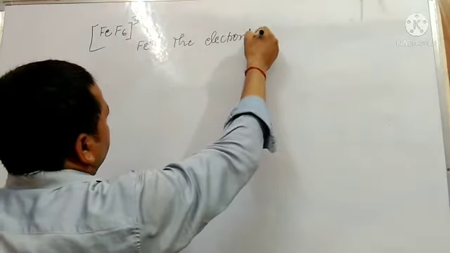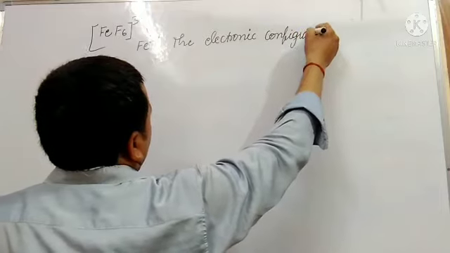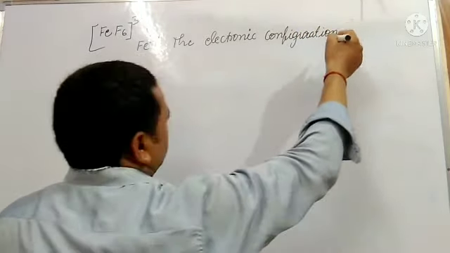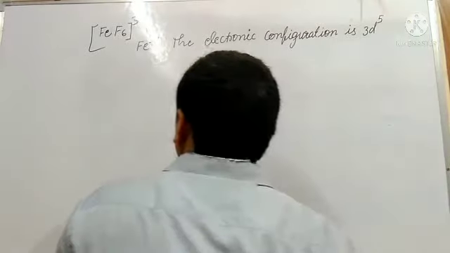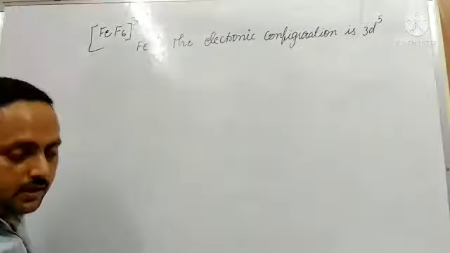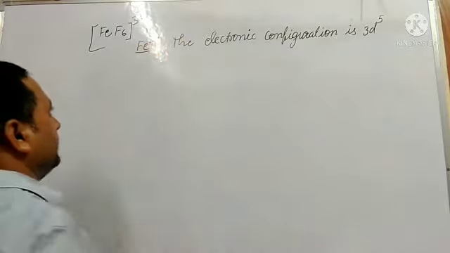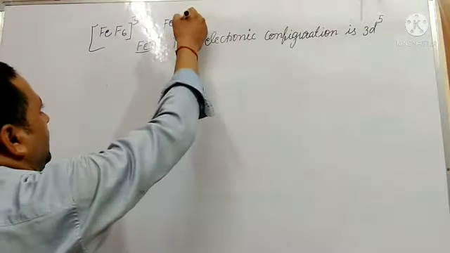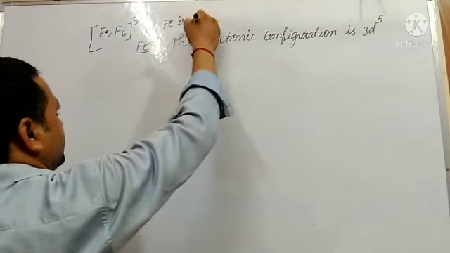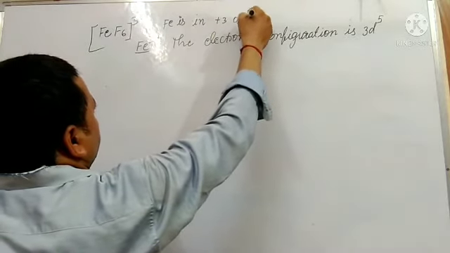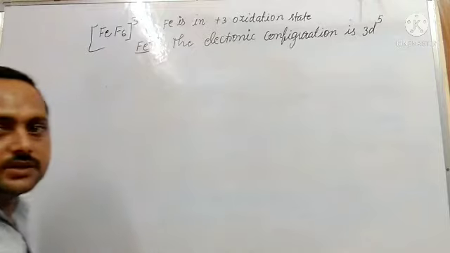The electronic configuration is 3d5. Electronic configuration is 3d5.